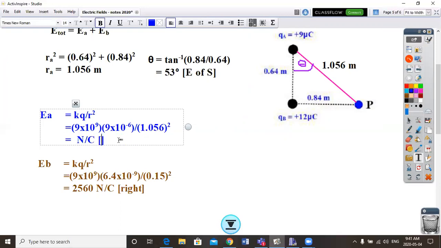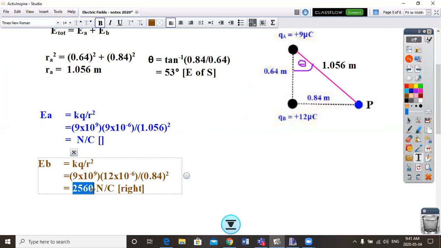Okay, and you have to get a new direction there. And QB is 12 microcoulombs. So we change that to 12 times 10 to the power of negative 6 divided by the distance, 0.84 squared. And it's positive, so the direction would be to the right.